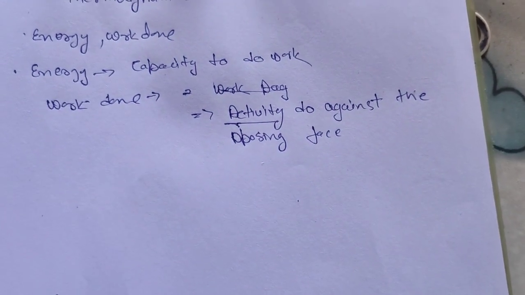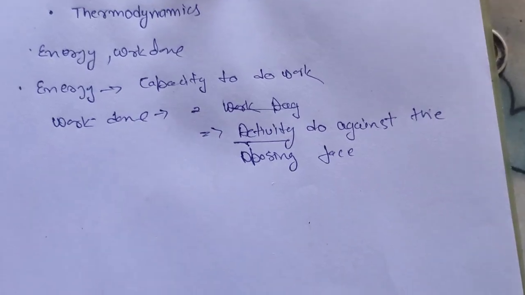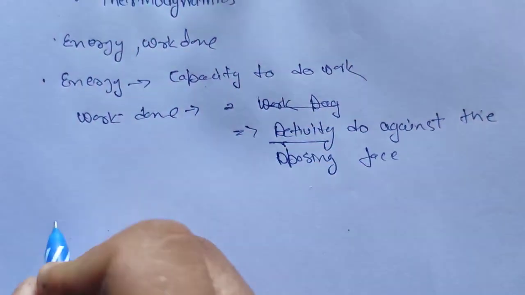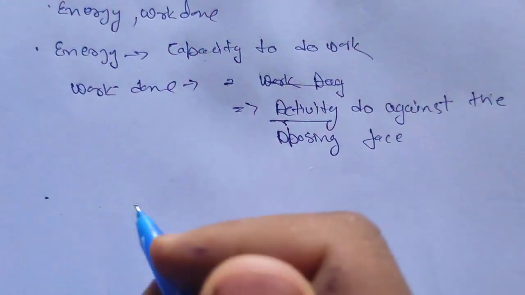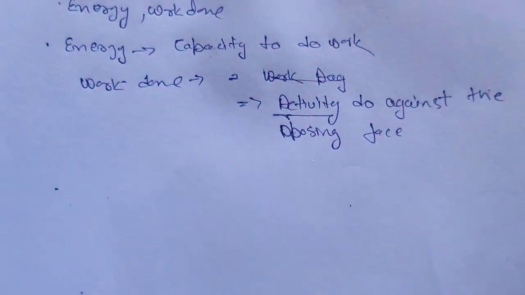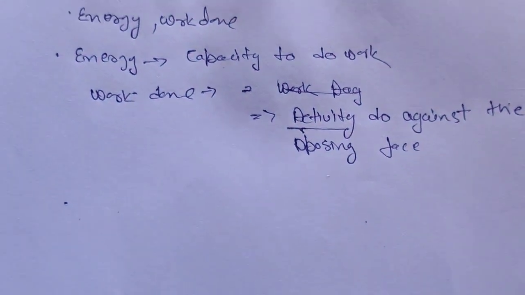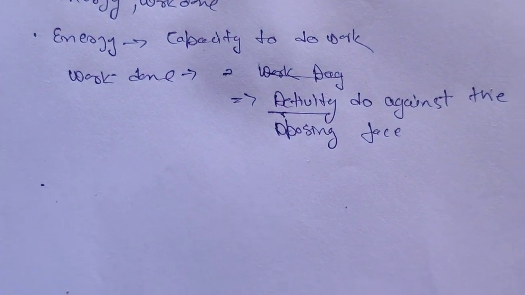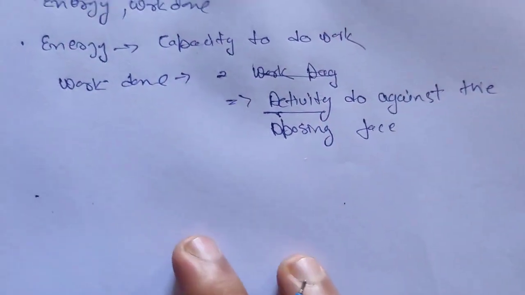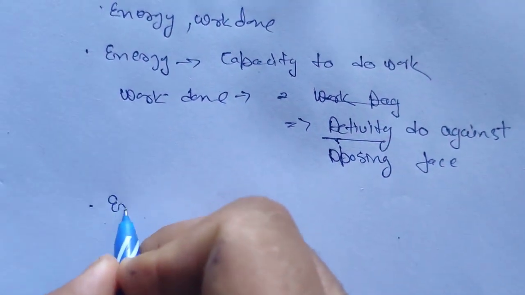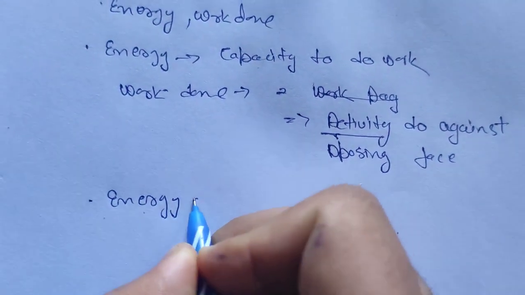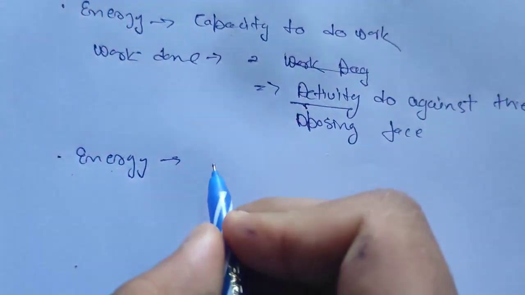Okay, so energy is the capacity to do work. Like a brief introduction: when a system does work, the energy is decreased, and when work is done on the system, the energy increases.